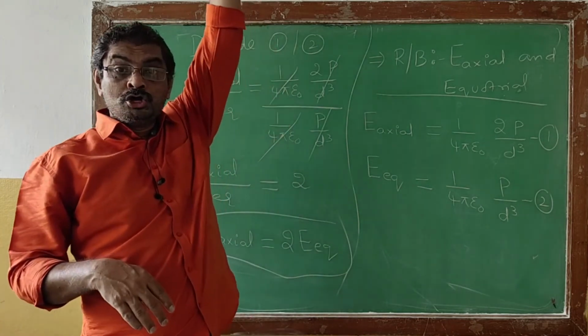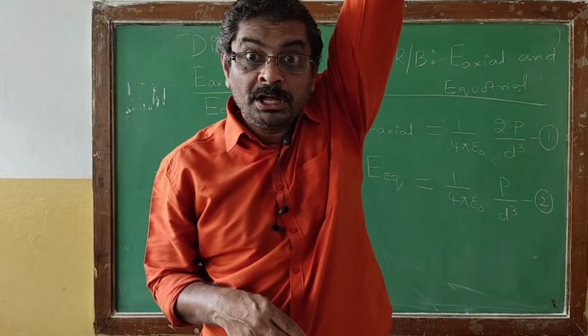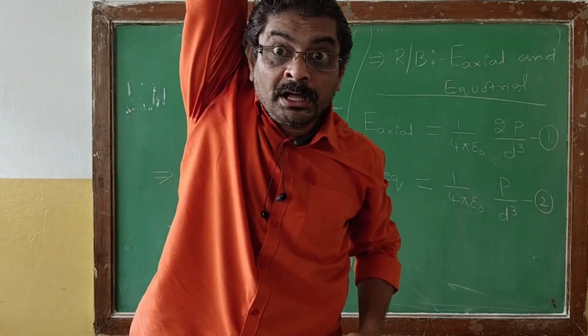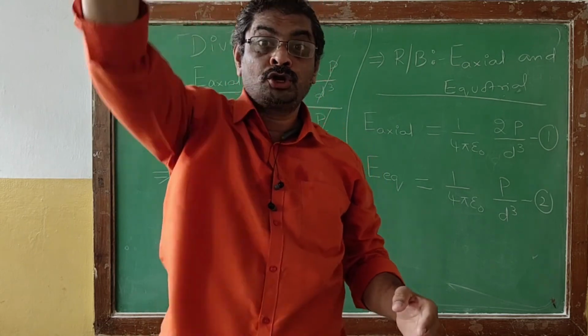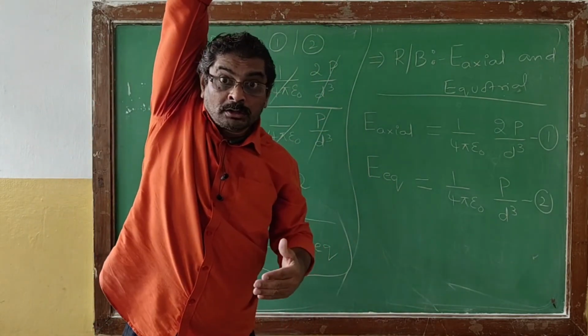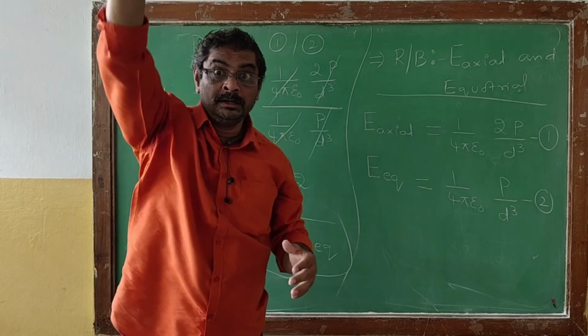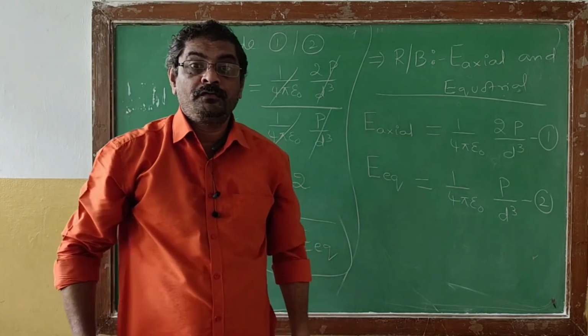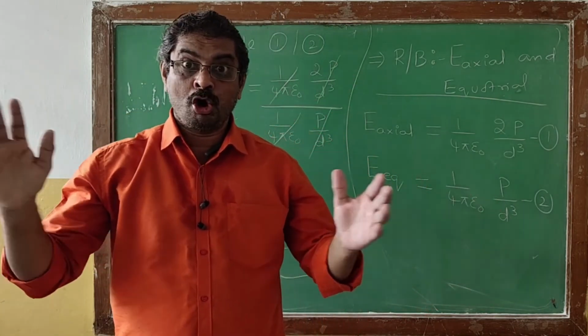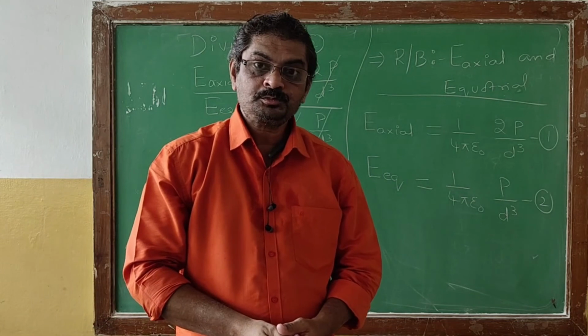So remember, this is the relation we got between the electric field on the axial line and the electric field on the equatorial line for a short dipole.